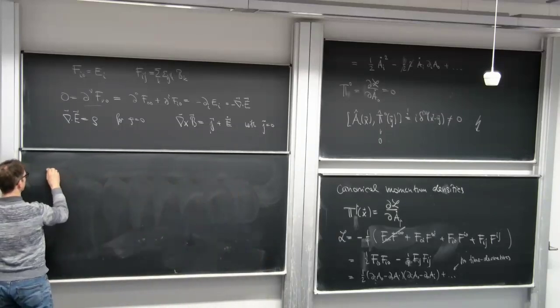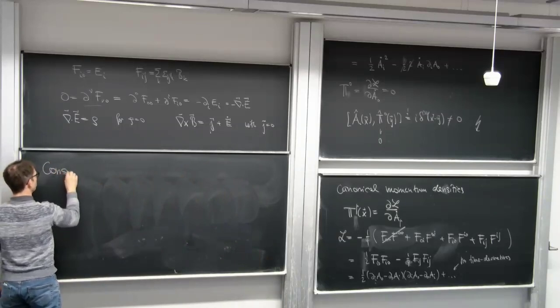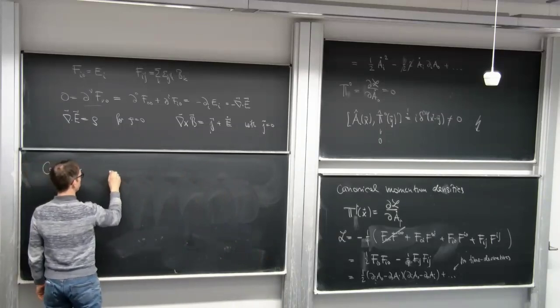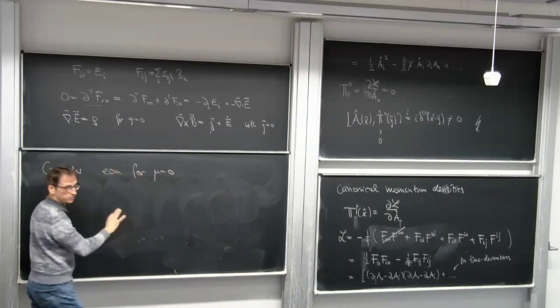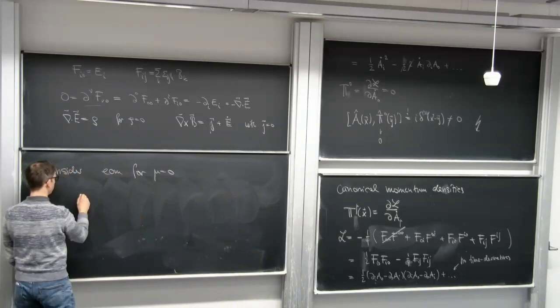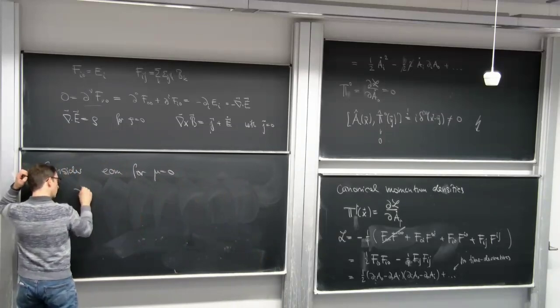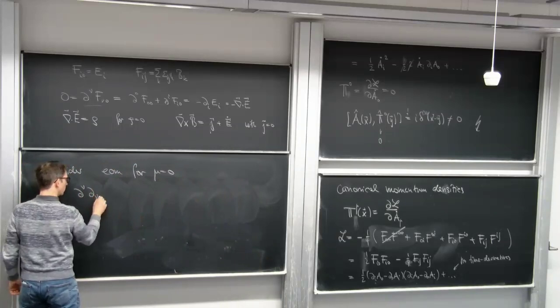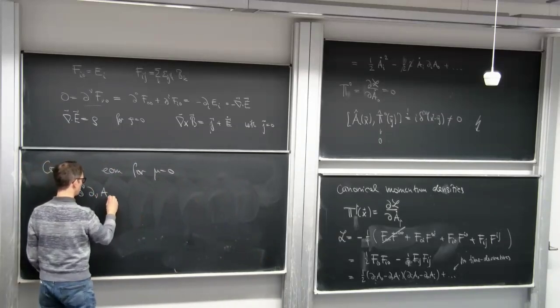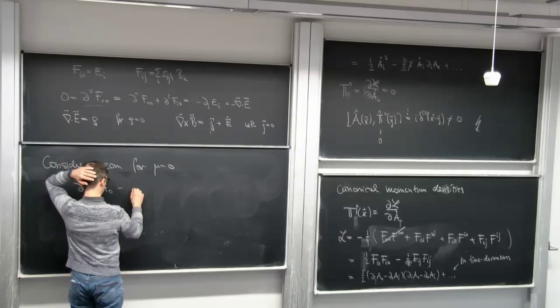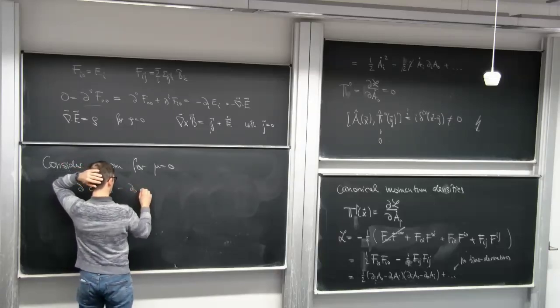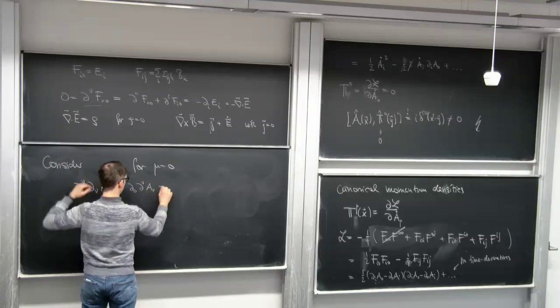So consider the equation of motion for nu equals 0, as we just did, but not going to E and B. Then I have d mu F mu 0, d mu d mu A0 minus d0 d mu A mu, like this.